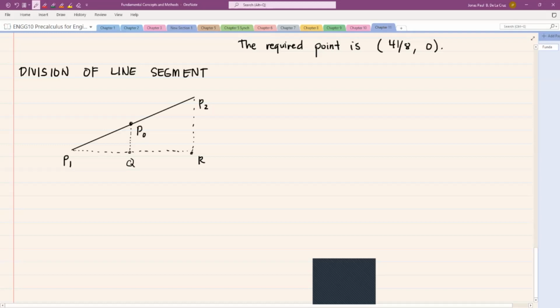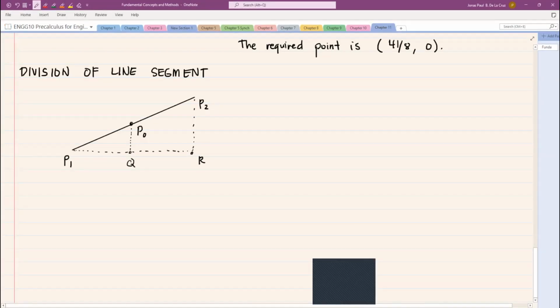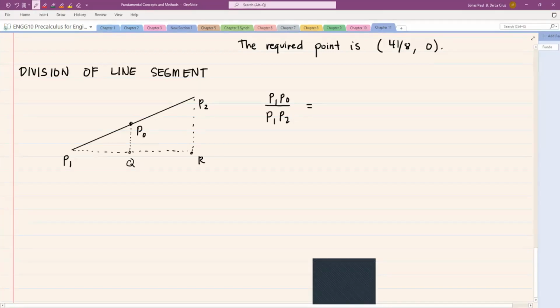If you use the right triangle, itong ano, using similar triangle, P1PO over P1P2, that's the hypotenuse, di ba? Equate natin doon sa sides, ito, QPO at saka RP2. Okay, mag-introduce tayo ng ratio, okay?